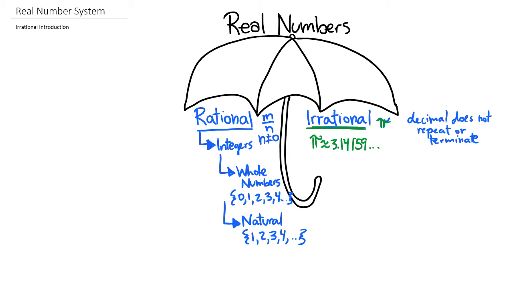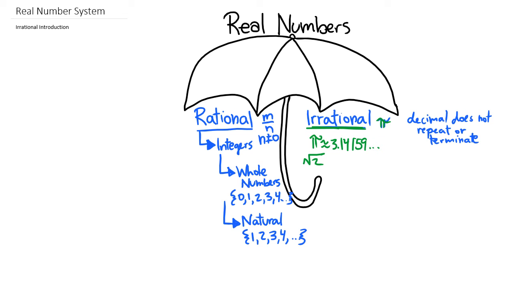They're out to trillions upon trillions of digits right now, and they still haven't found an end, and they still haven't found anything repeating within the number. So the definition of an irrational number is a number that, when written as a decimal, does not repeat or terminate.